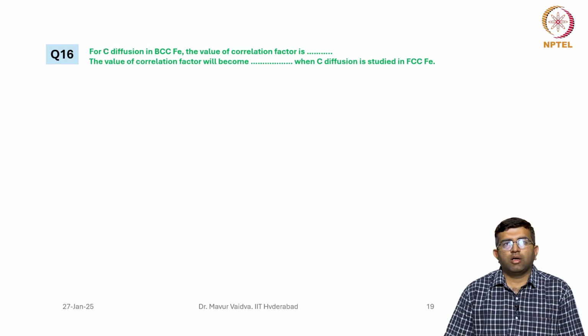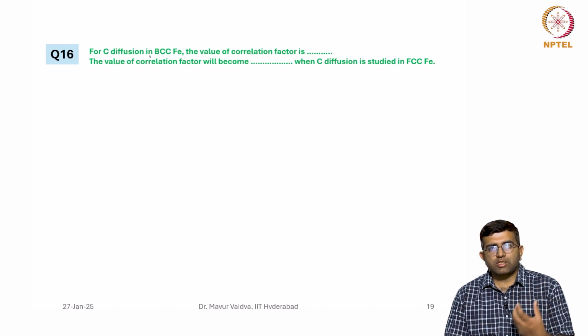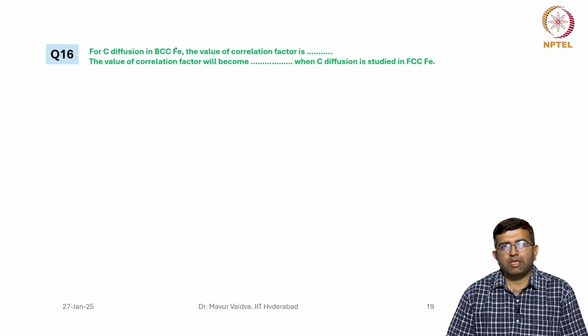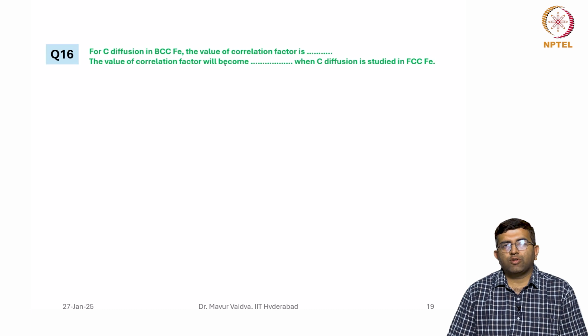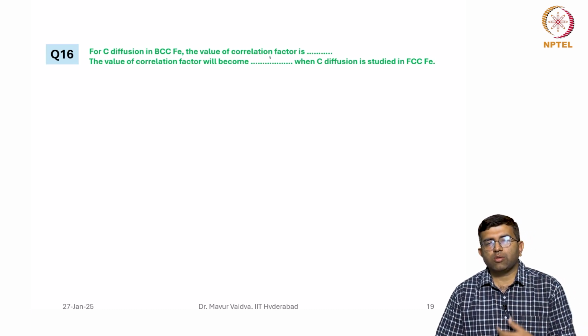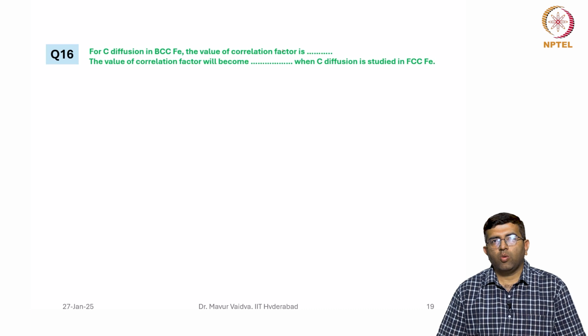Here you see the carbon diffusion in BCC iron. Carbon occupies the interstitial position, and we know that the diffusion in that case happens by the interstitial mechanism, and therefore, the value of correlation factor for a species diffusing through interstitial mechanism is equal to 1.